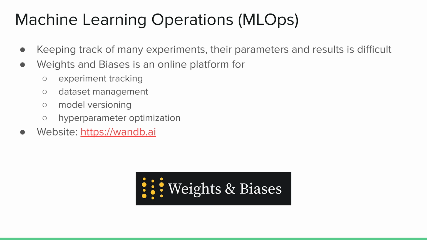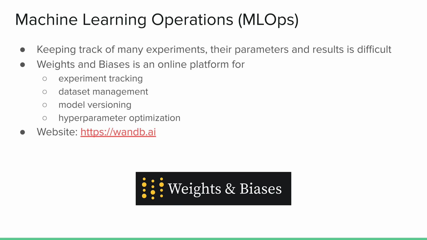And the last tool that I would like to mention here is Weights and Biases. This has become an indispensable tool from the realm of machine learning ops, the MLOps space, where you try to become a bit more professional and less chaotic when you're doing a lot of experiments.